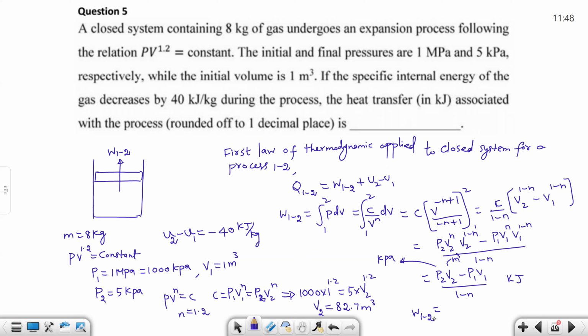P2 is 5, V2 is 82.7 minus P1 is 1000 by 1 minus 1.2. So this much kilojoule.